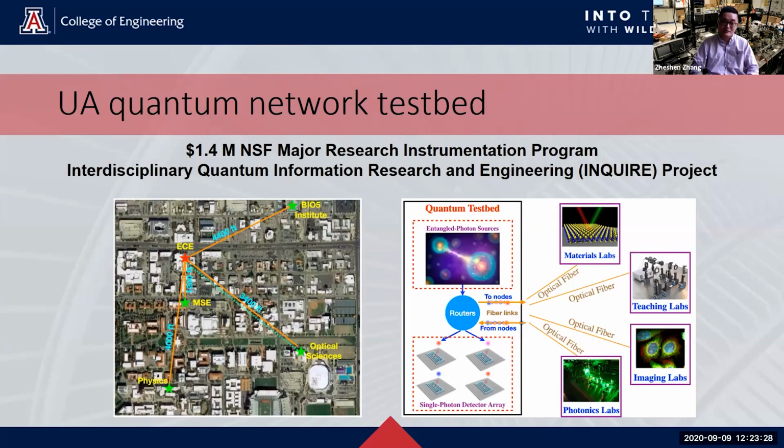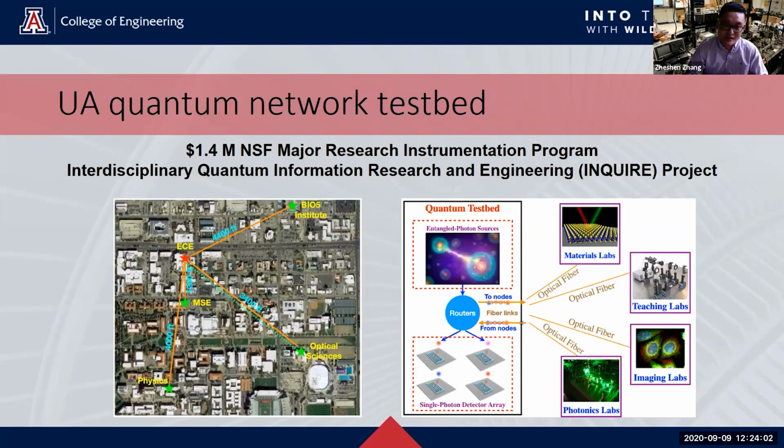All the fibers have already been deployed. So now we have an on-campus quantum network connecting 5 different buildings with more than 100 fibers, and more than 10 laboratories are involved. By using this quantum testbed, we can send entangled photons from the central hub, which sits in the ECE building, to different labs on campus.